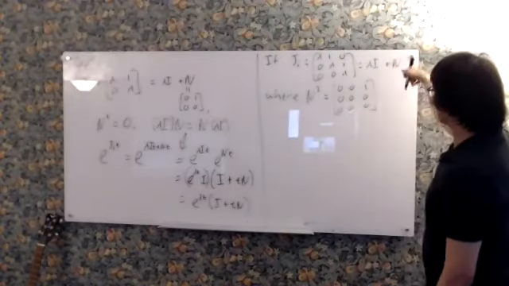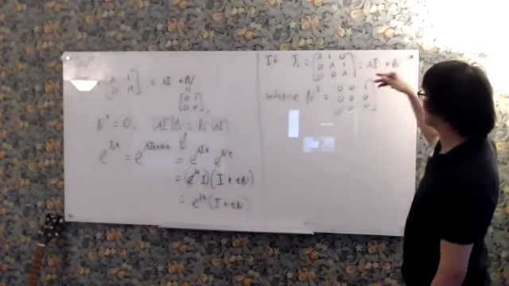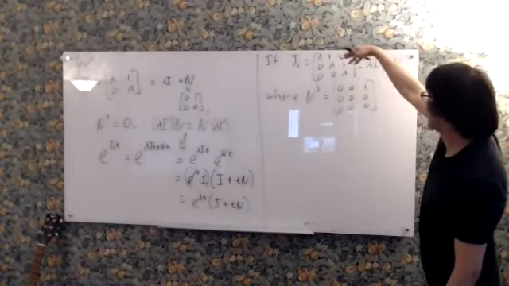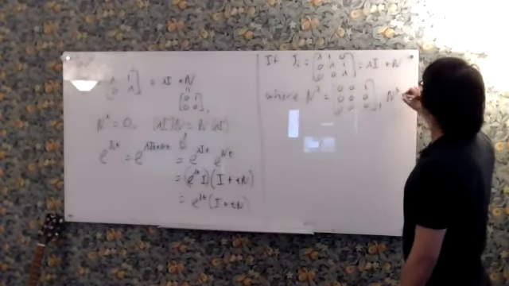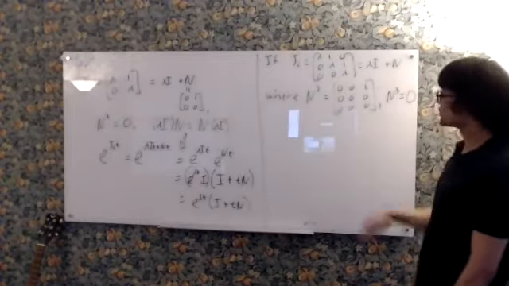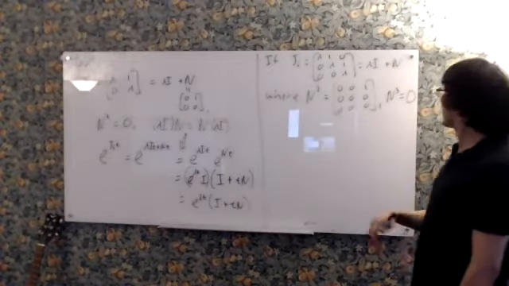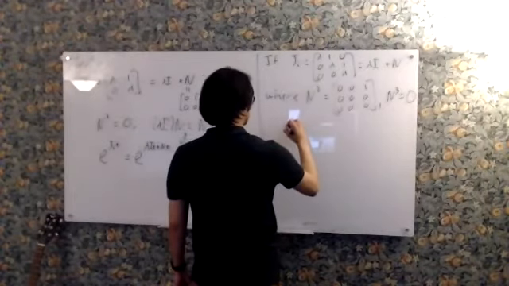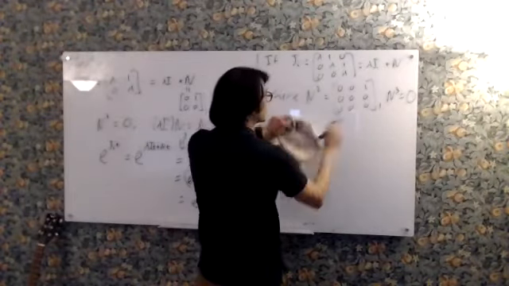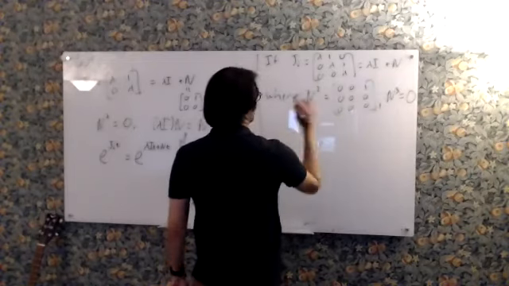This is just squaring that N. N is just this piece with the ones above the diagonal and zeros everywhere else. And it turns out that N cubed is equal to 0. So N cubed is equal to 0 in this scenario.